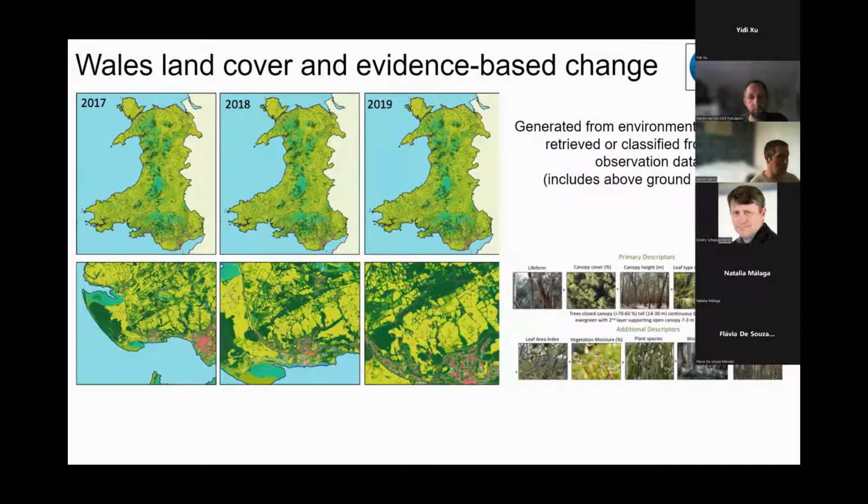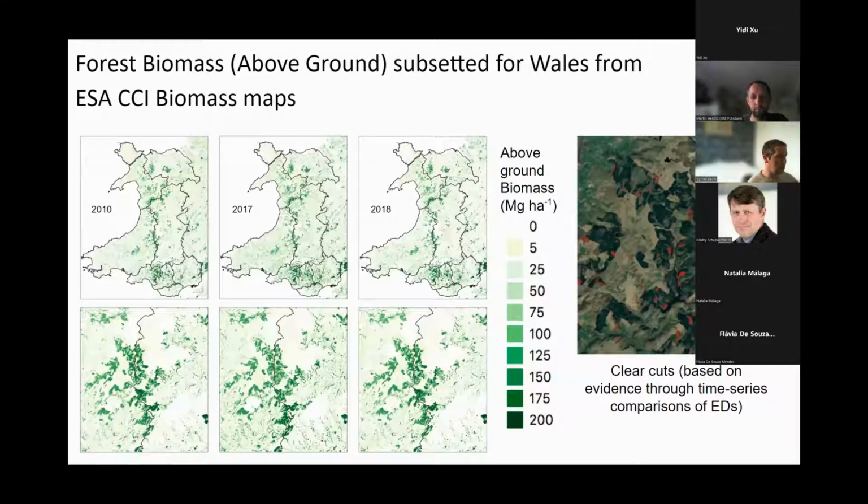So these are canopy cover maps for multiple years within Wales, and these are generated from the environmental descriptors I mentioned on the previous slide from Earth observation data. This also includes above ground biomass from ESA. Then these are plots of the ESA CCI biomass maps from 2010, 2017 and 2018, and we can use the differences between the years to determine areas of clear cuts or clear fell over time.